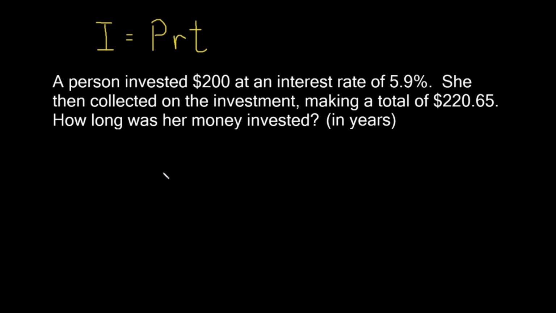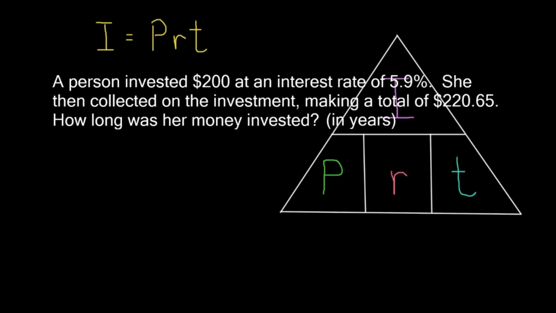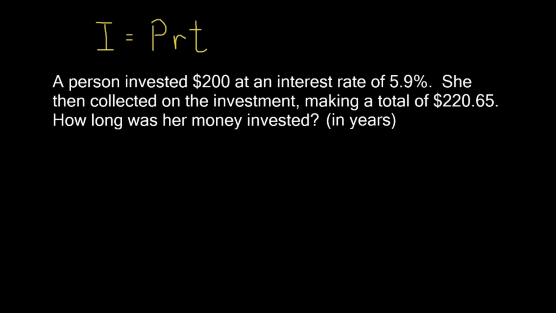So we need to know the time. Well, if you remember our pyramid, I over PRT. So if we want to pull out the T, what's left on the top? Well, it's always going to be interest on the top, and then PR.